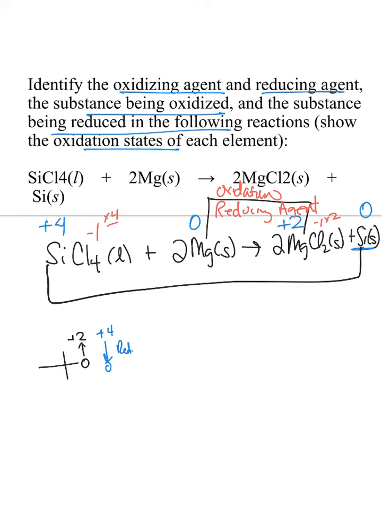So this is a reduction in the oxidation state. So that's reduction, and you can call that your oxidizing agent. And if you did this, that would be full credit. And if you have a question worth 10 or 15 points, and you do it like this, you'll get all your points.